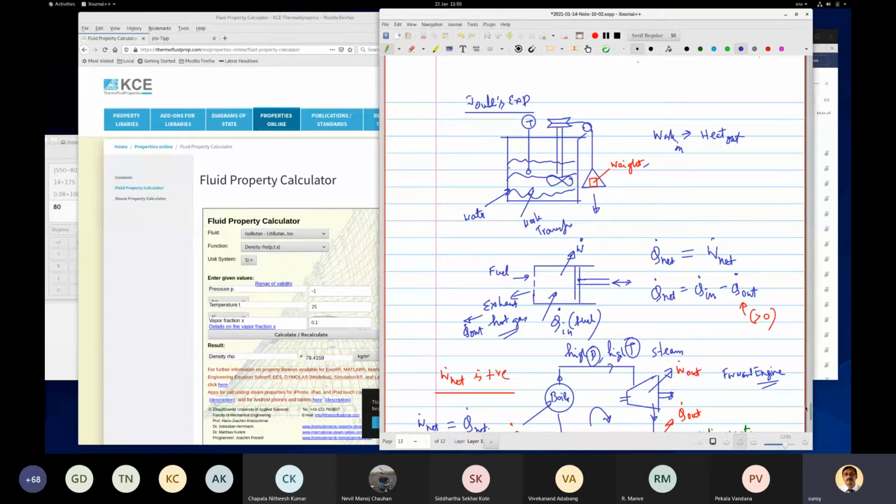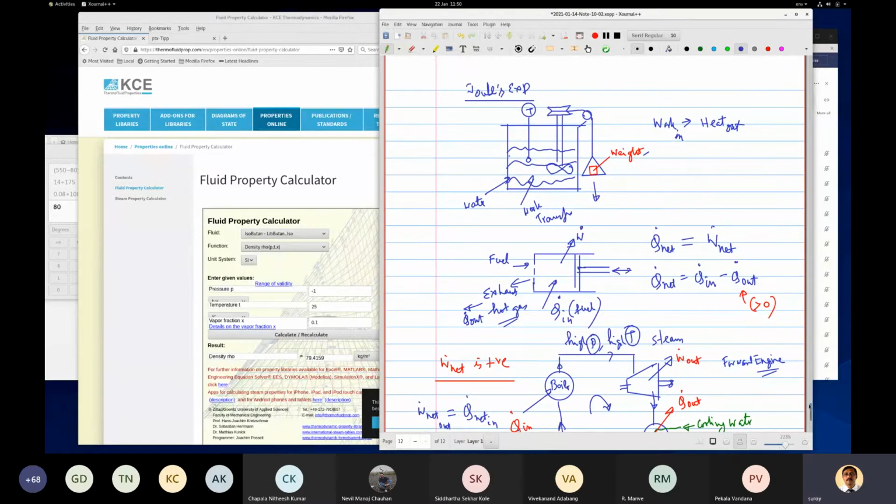So there is a difference. I will later show you that all the work in can be converted to heat, but all the heat in, net heat, cannot be converted to work. So there has to be some heat out. The heat out has to be greater than 0.